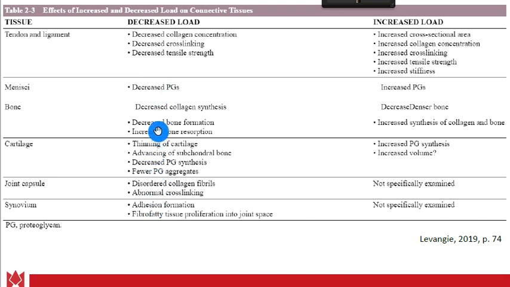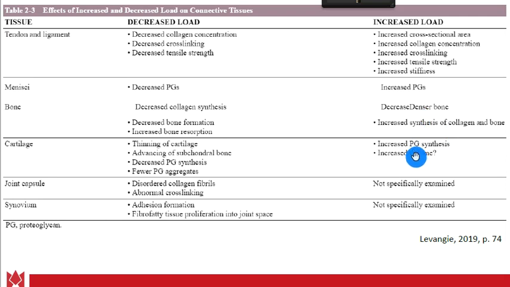So ultimately here, with decreased load, you're going to lose proteoglycans and GAGs. With increased load, you're going to get more fibroblastic activity to produce more collagen within bone. You're going to get more osteoblastic activity, and so forth.